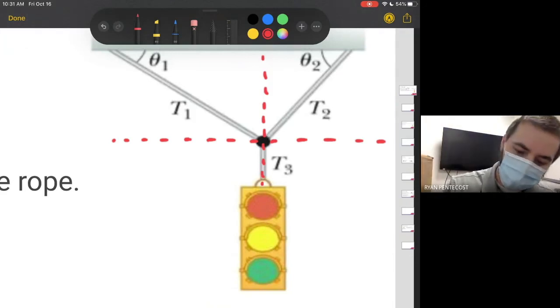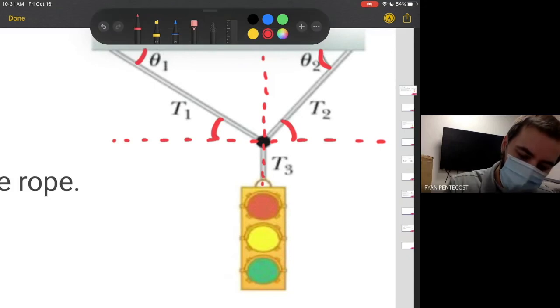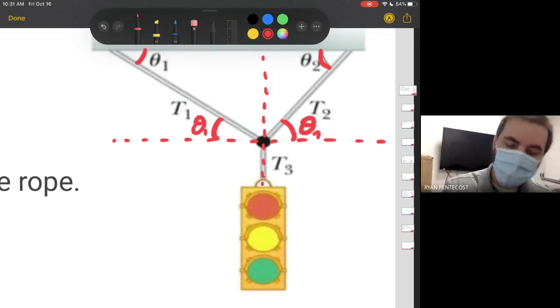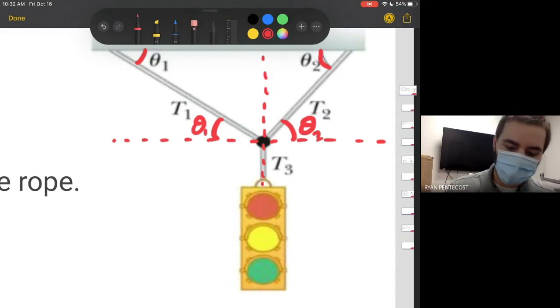Then you can say, here is your theta 2, and then there is your theta 1. We can see using geometry that we would split these into their x and y components. The y components of T1 and T2 would balance T3, and then the x component of T2 would balance the x component of T1 to make everything nice and neat.